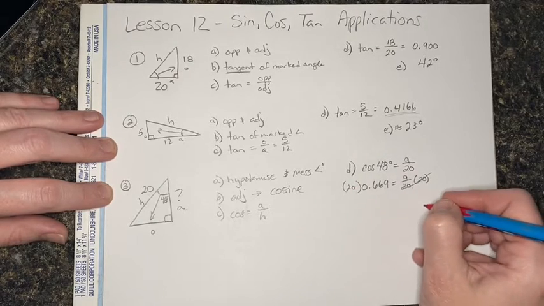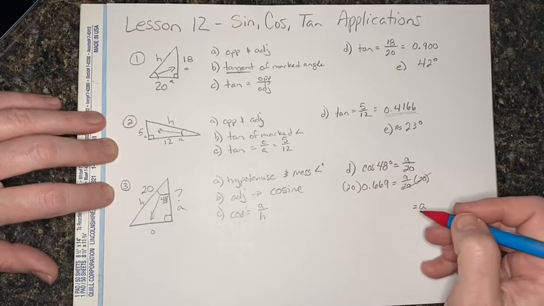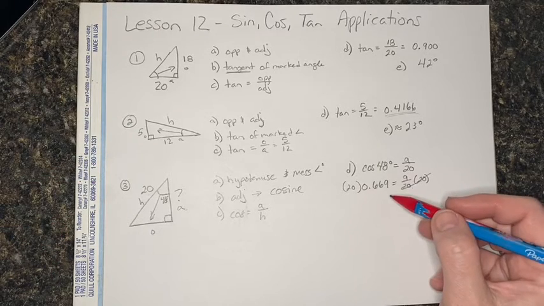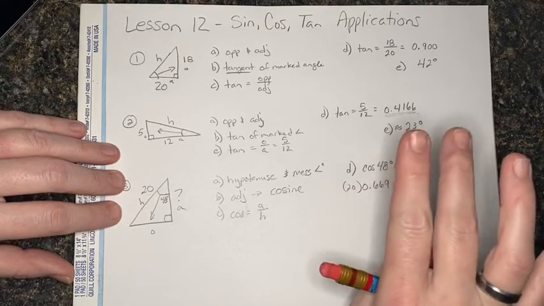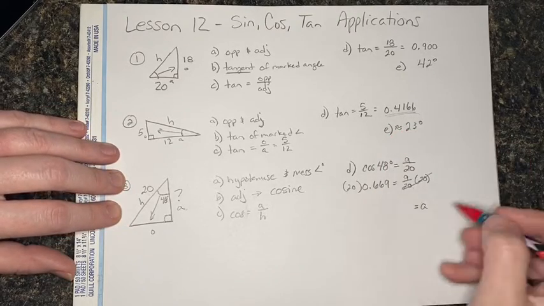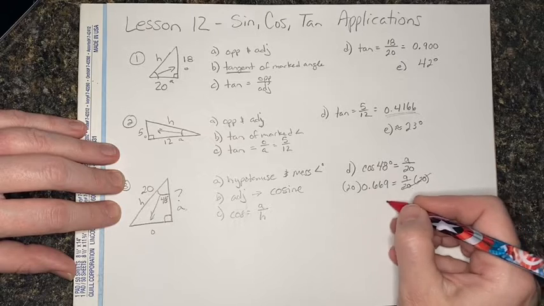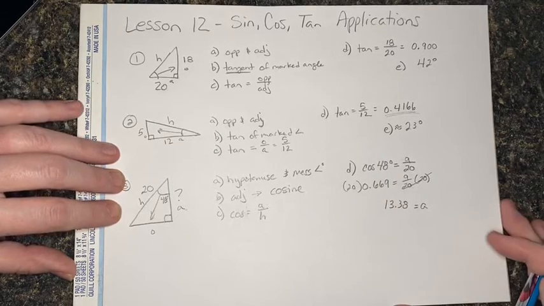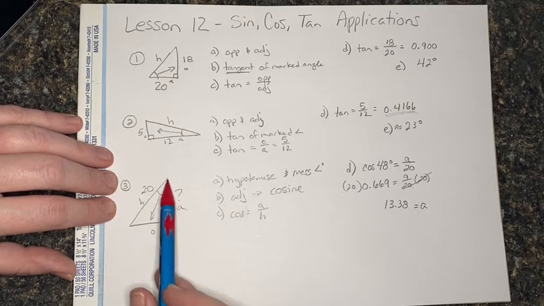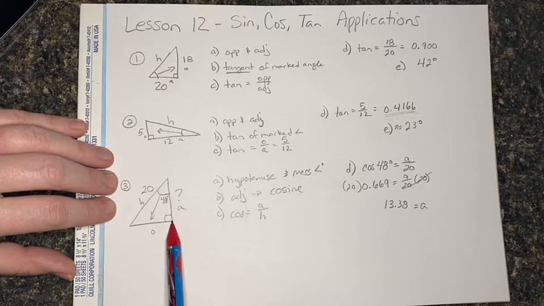Those cancel out, and we're left with A equal to 0.669 times 20. Pull out your calculators. Okay. And that tells you that A is 13.38. All right. So now we know that the length of A is 13.38.